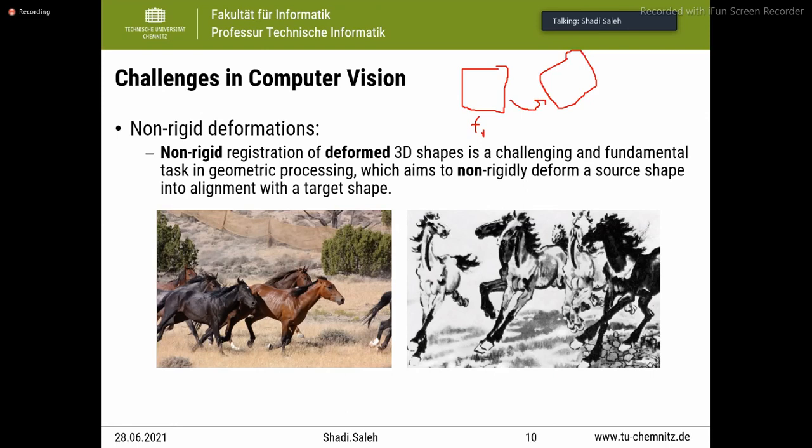The question is how to transfer this from T0 to T1. What is the translation and the rotation that led to this object? The object is the same, but it has undergone some transformation and rotation. Even for a simple object this is sometimes hard. For a human, it is easy to understand it is the same.